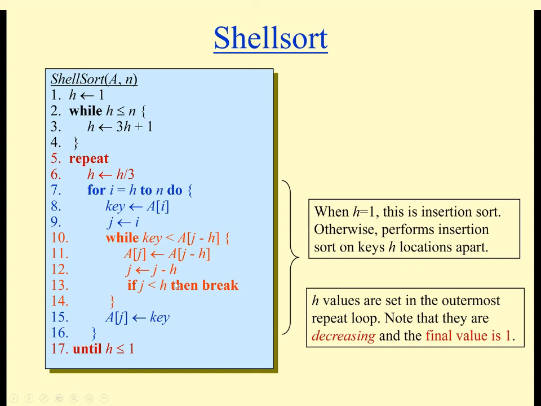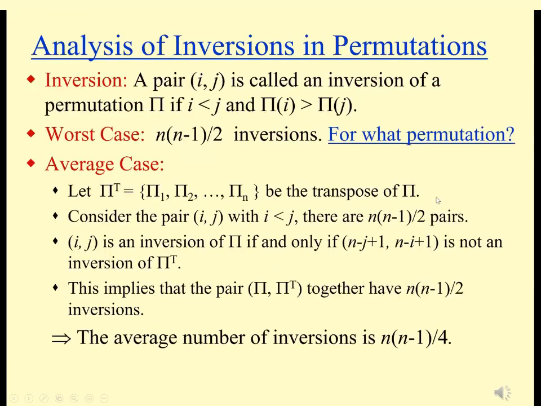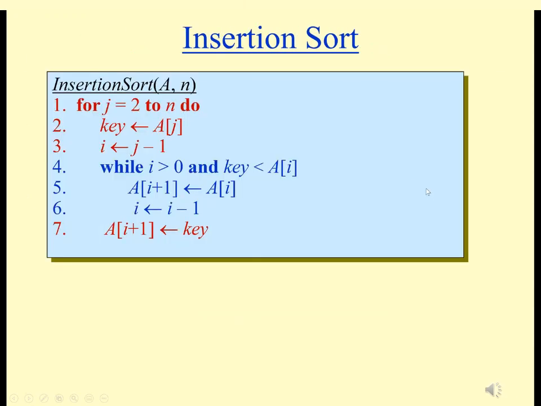So it's exactly the same as the insertion sort. Let's go back to the insertion sort. So this is insertion sort. J is from 2 to n, and the key is AJ. And then J minus 1.